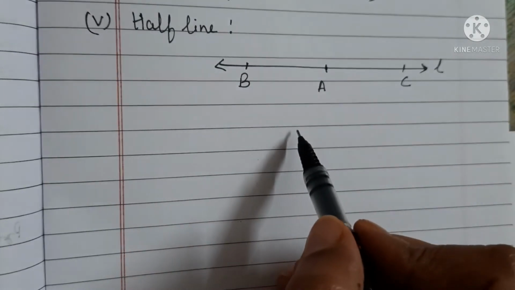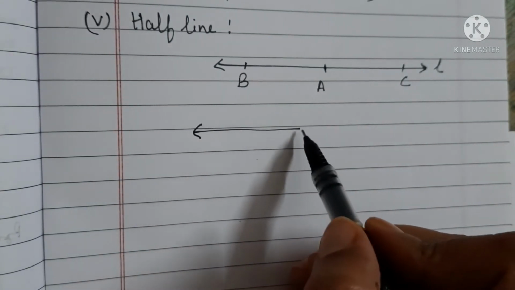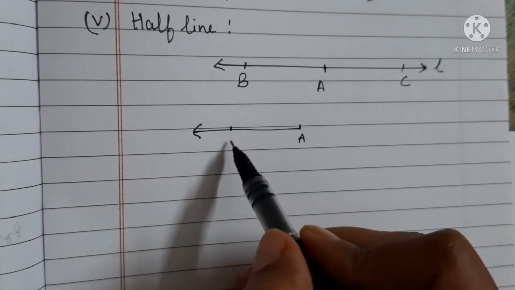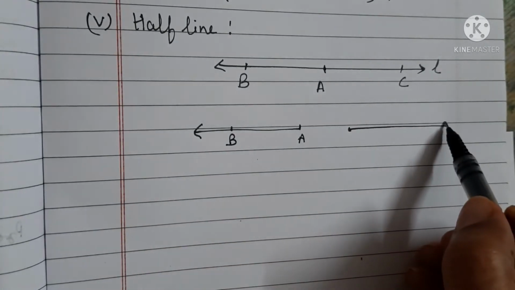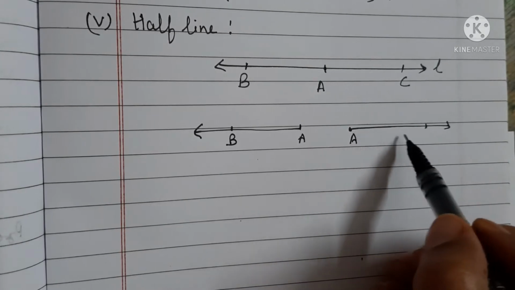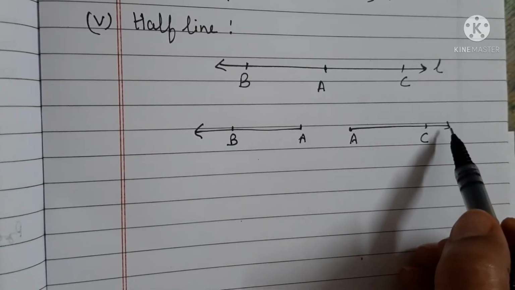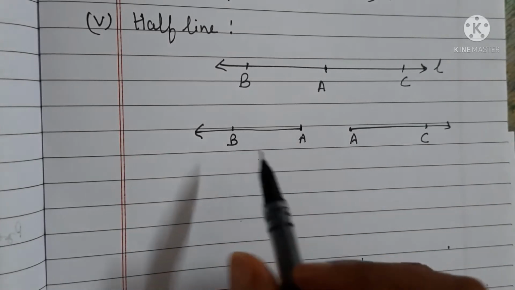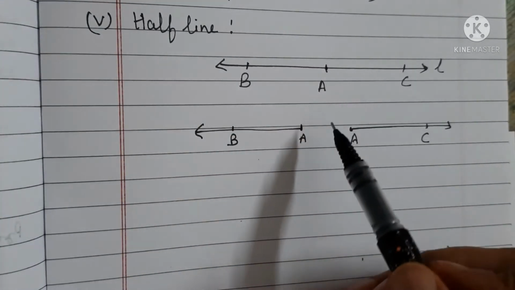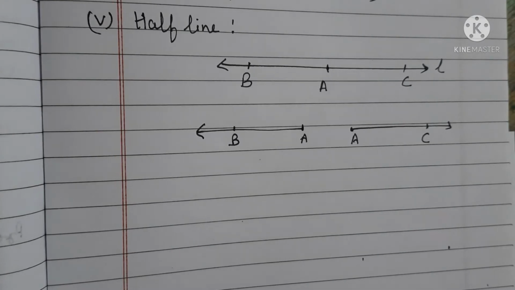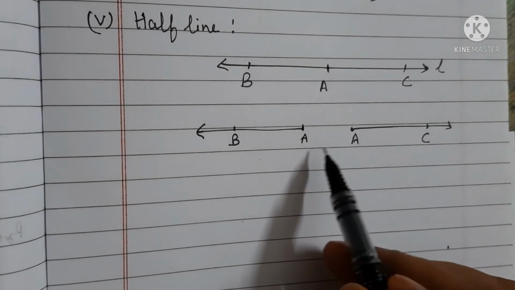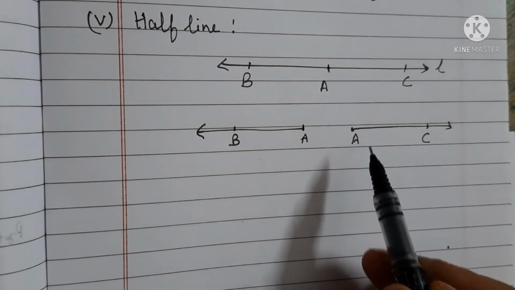So one part will be like this, A, and this is B. This is half line, and here it is also A, C half line. So each of the two parts are called half lines.